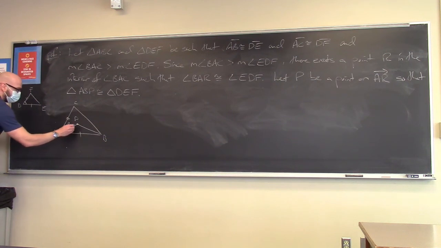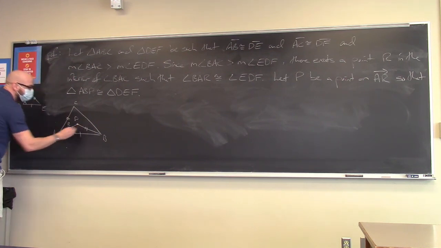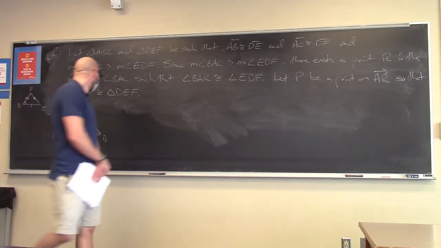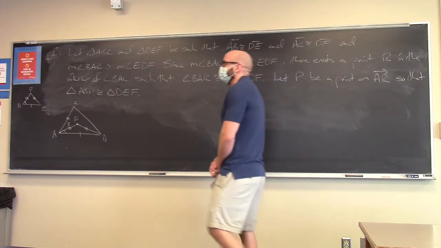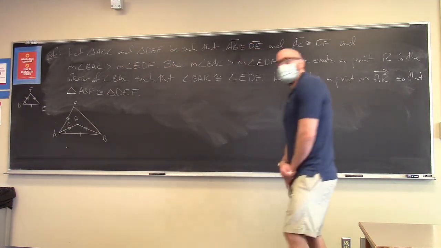That means I've chosen P along this ray so that this side is the same length as this side. And moreover, that third side is congruent to that third side. So as promised, that was the first thing we were going to do: build a copy of this triangle inside the other one. The picture doesn't have to look like this, by the way. P might be outside somewhere, it's okay. But roughly this is what's going on.